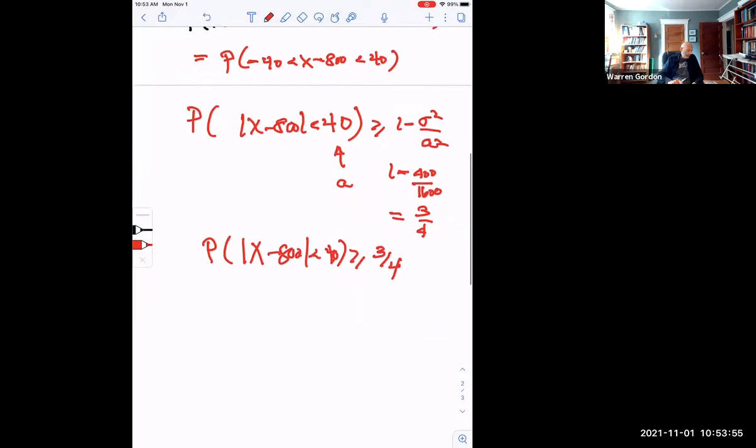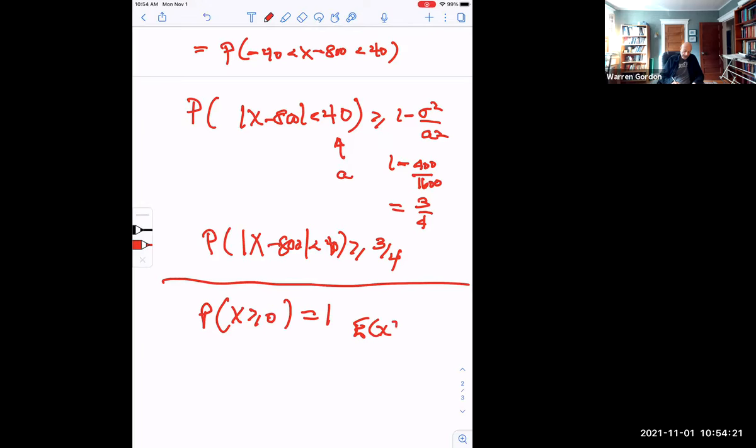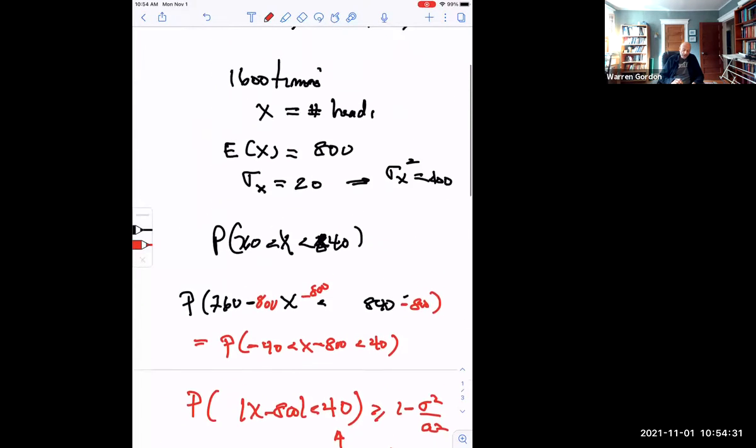Whereas if you look at a problem like number 5, you're being told the probability that X is greater or equal to 0 is 1. That means X is non-negative. You're told that E of X is equal to 3, and you're asked to estimate P of X greater or equal to 4. Well, this is a straight application of Markov's theorem.